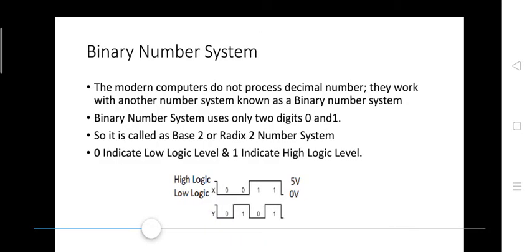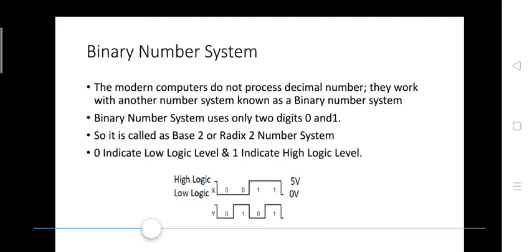Second number system is binary number system. In all modern computers or all modern devices, laptop, computer, mobile, everything works on the binary number system. Binary number system contains only two digits, 0 and 1. Binary number system is also called base 2 or radix 2 number system.